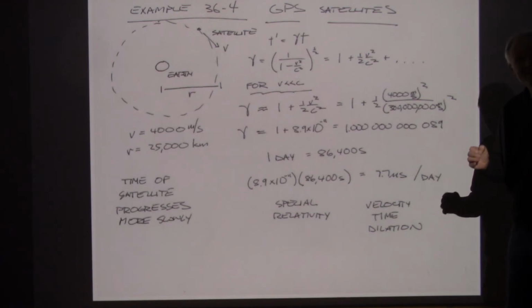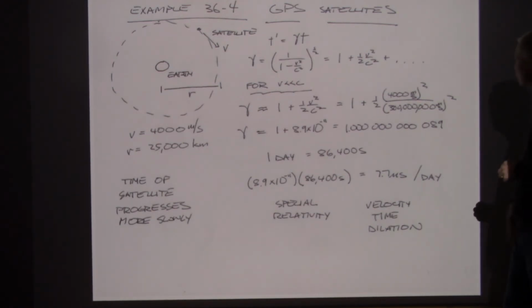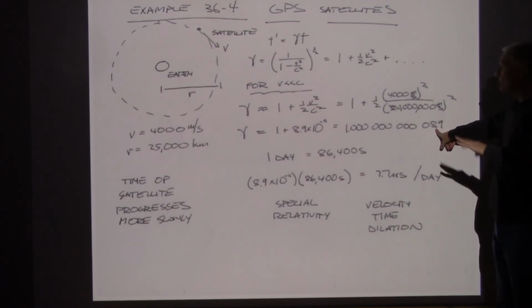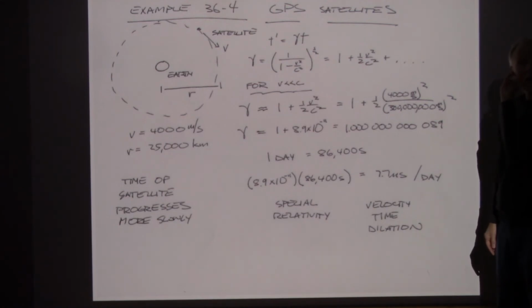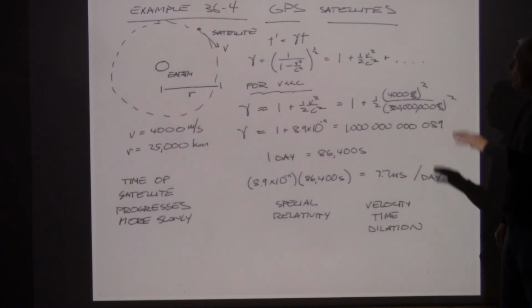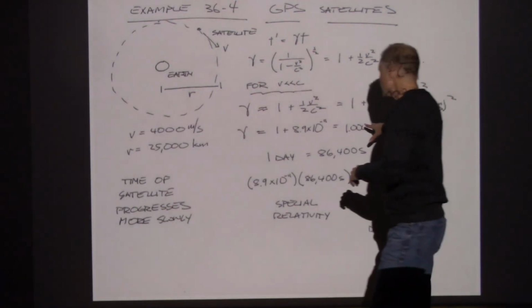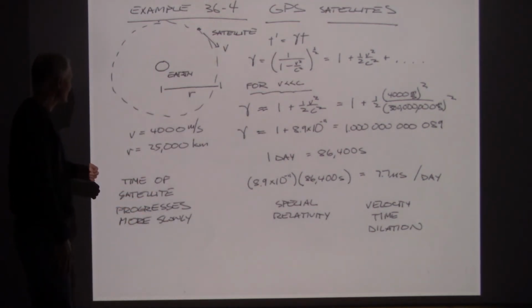But the GPS system is so precise, the timing information, that this amount of variation makes a difference. The GPS satellites, or your phone, have to be programmed with formulas like this from special relativity and formulas from general relativity.